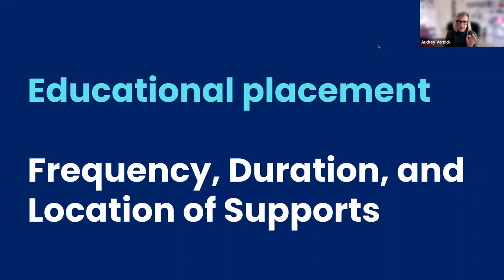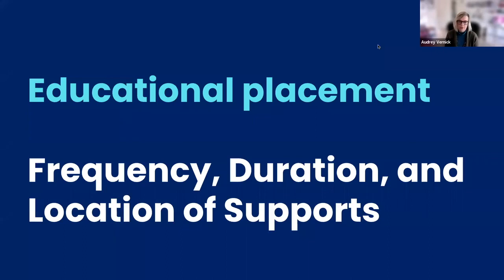So when they define the date, frequency, location, and duration of services, they have to include how much time in the general education setting the child will be. General ed setting has to be the first presumed placement of every child with a disability. So what we want to see is what they need to do to help the child access that general education curriculum.